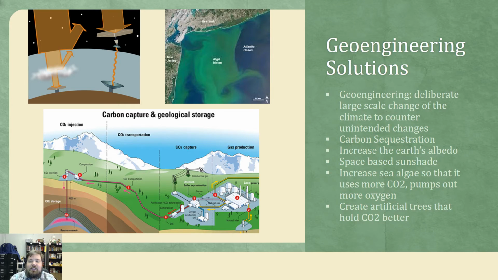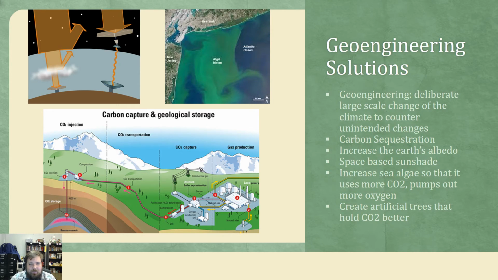What this is, is the deliberate large-scale change of the climate to counter the consequences that we've already brought about. So the idea is that we're not just hoping that we've done enough to prevent the environment from changing too much. This is a deliberate attempt to undo the damage, to fix the problem, not just hope that it's not going to get worse.